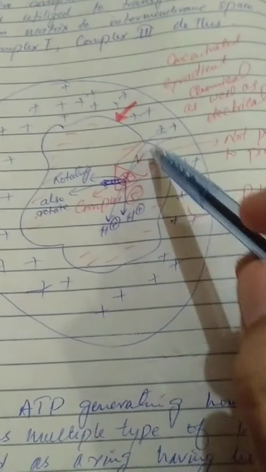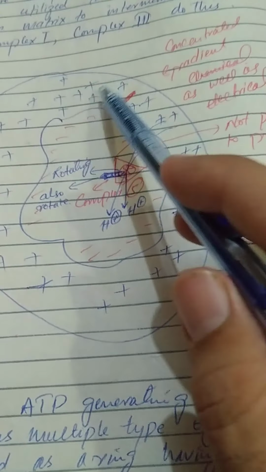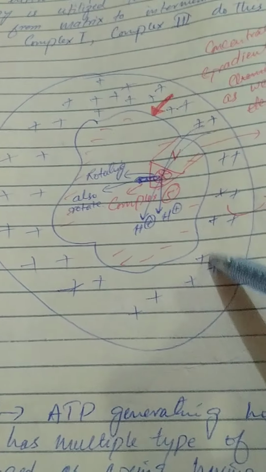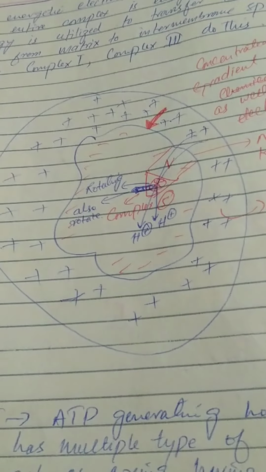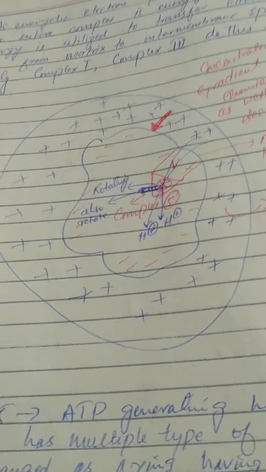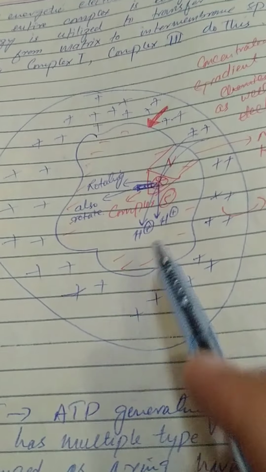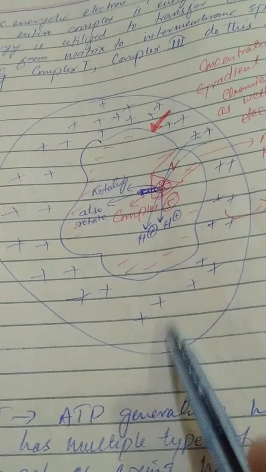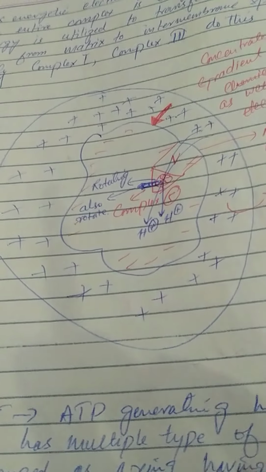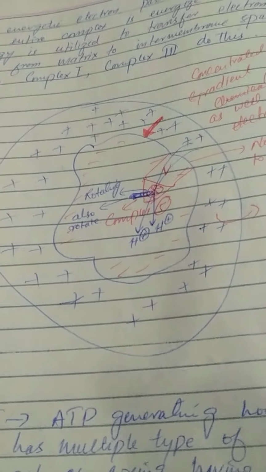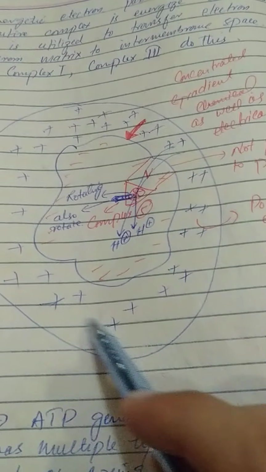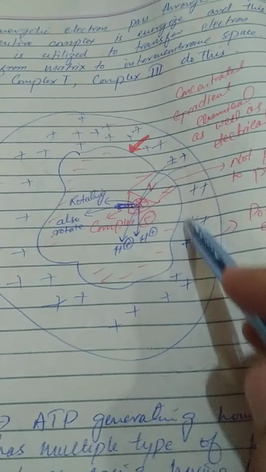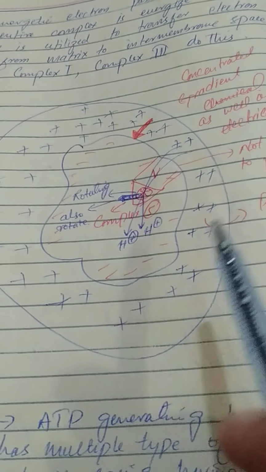For example, this is complex 5 and we have more protons outside, as I have already discussed, because through the energetic complexes we pump the protons from the matrix to the intermembranous space. Now this is a gradient. We create a concentration gradient and a chemical gradient. Now this is actually the potential energy in the intermembranous space.